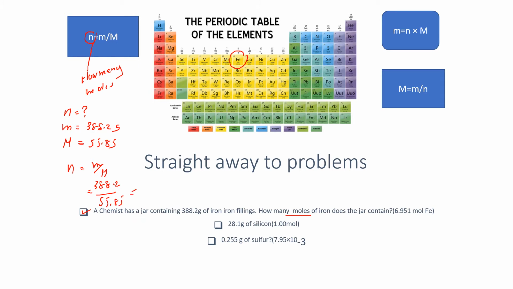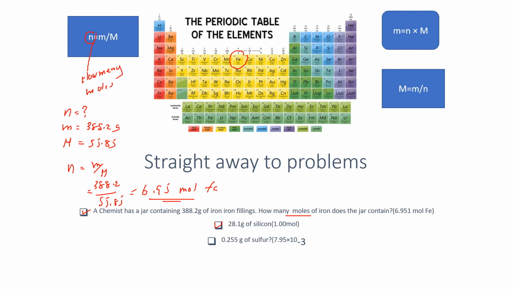Let's calculate it on the calculator: 388.2 divided by 55.85 comes to 6.95 moles of iron. So this is the answer.